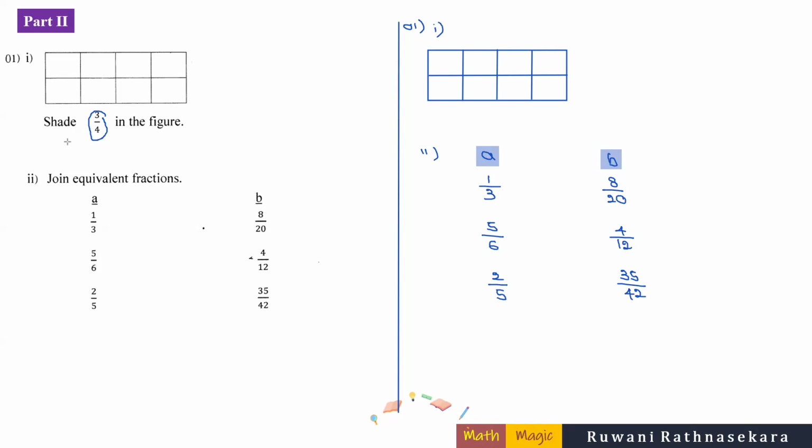Right. If you have to shade 3/4 of it, since this diagram is divided into 8 parts, how many parts for 8, you have to think. Or you can say that if you look into this diagram with 4 divisions, you can consider this way on 4 divisions.